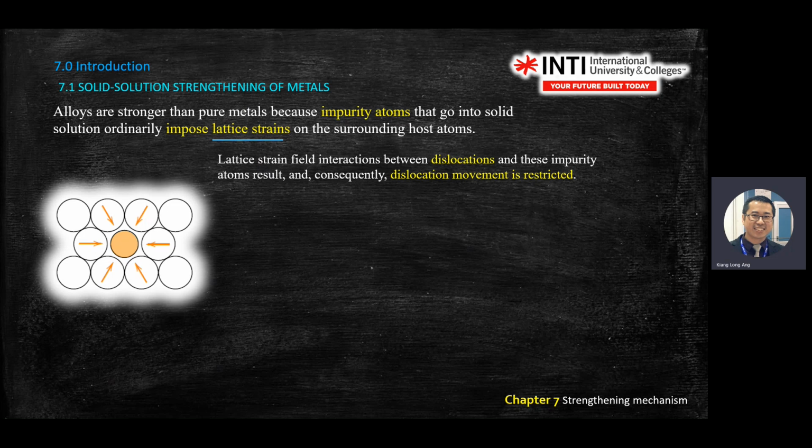There are a few examples: one you calculate on the length, one on the diameter. So there are a few definitions, so look carefully at the question. So here, if you have an impurity, you're going to have lattice strain on the surrounding host atoms.